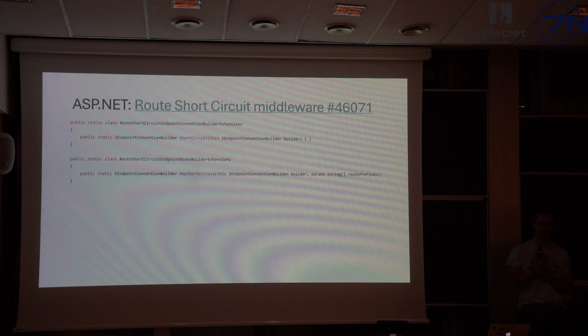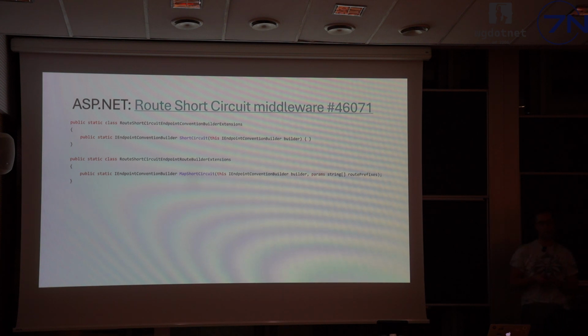Another important, from our perspective, is short-circuit middleware. So we have added plenty of logging and telemetry and metrics to ASP.NET. But as you know, websites that are available to the public are being constantly read by some bots that are just scraping the internet.